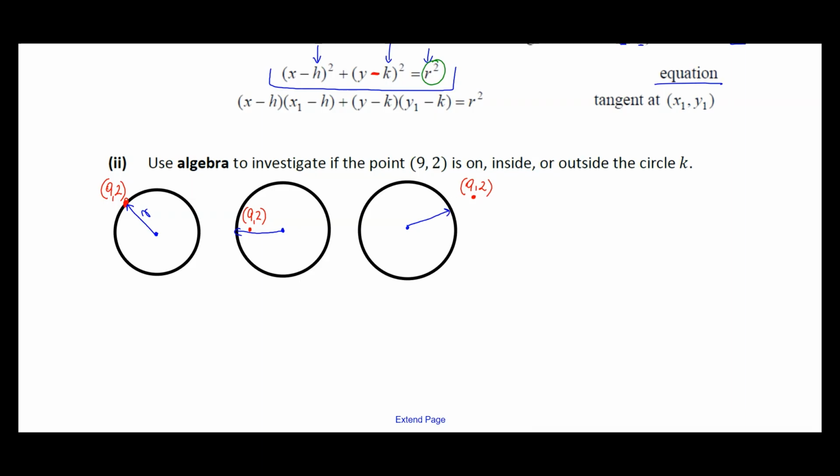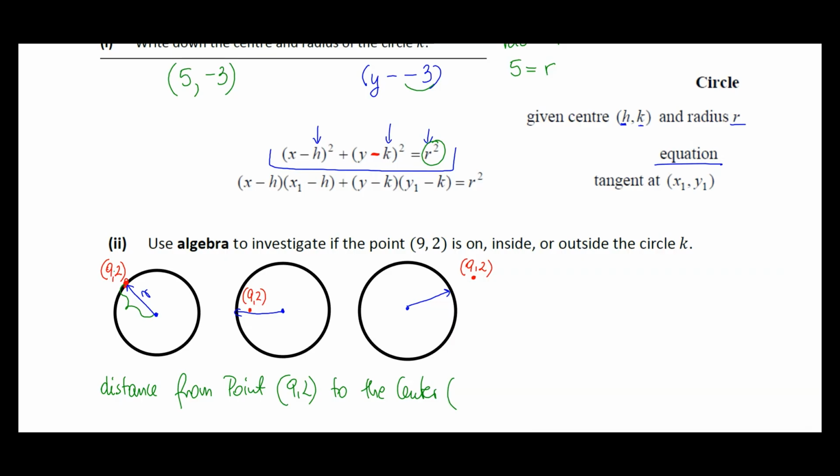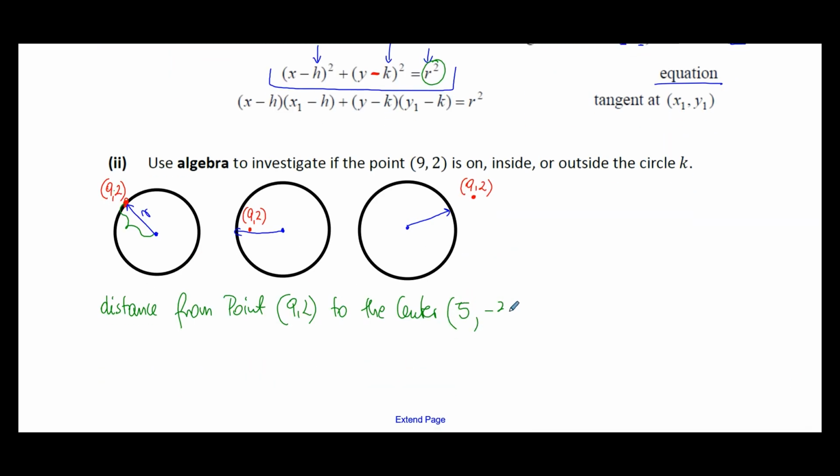Therefore, in coordinate geometry, one of the things we can do is calculate length. So here, the length or the distance from that point to the center. I am looking at a distance from my point, (9, 2) in this case, to the center that we found earlier, (5, -3).